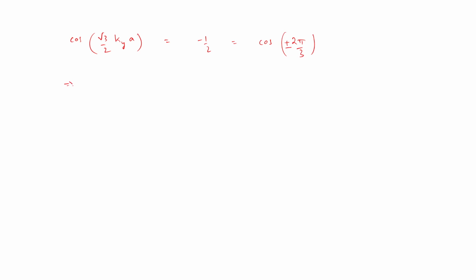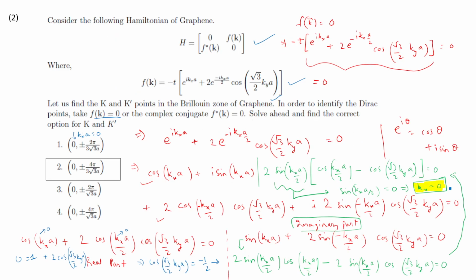So basically √3/2 kya should be equal to plus minus 2π/3. So from here we get ky is equal to plus minus 4π over 3√3a, which is your second option. So that is how you have to solve this particular problem.